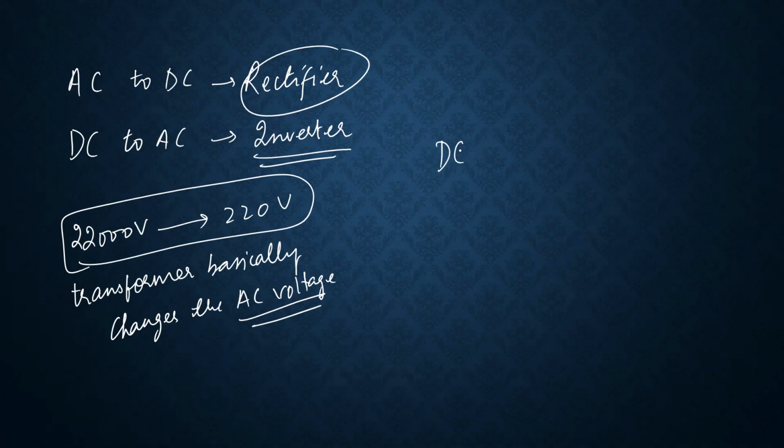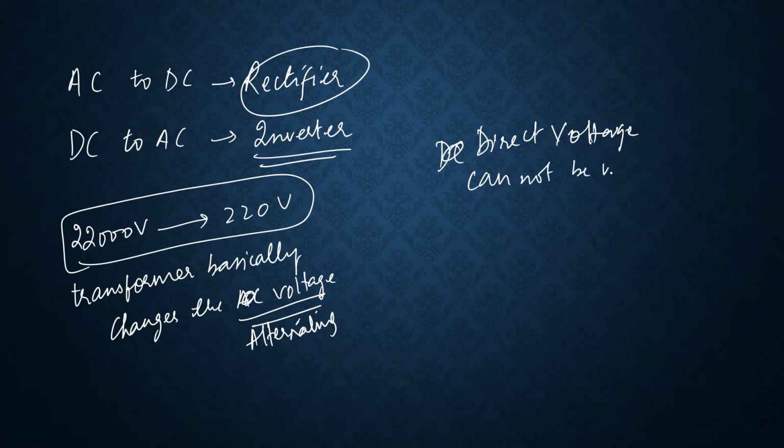डायरेक्ट वोल्टेज, इसको डायरेक्ट वोल्टेज लिखते हैं, इसको भी अल्टरनेटिंग वोल्टेज लिखिए, अल्टरनेटिंग वोल्टेज। Direct voltage cannot be varied.